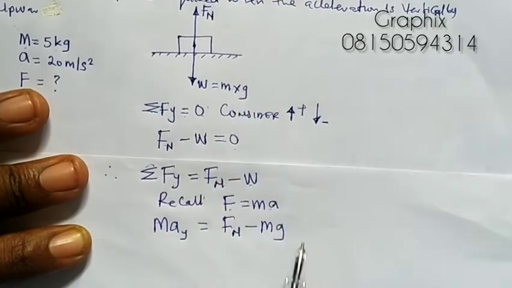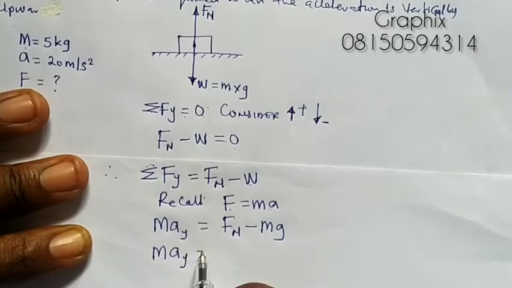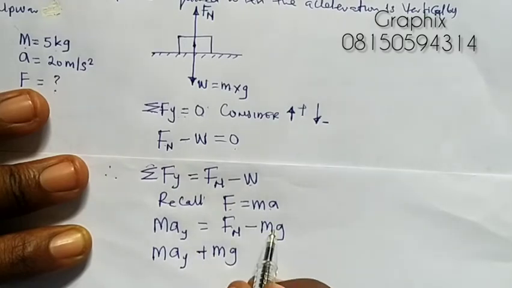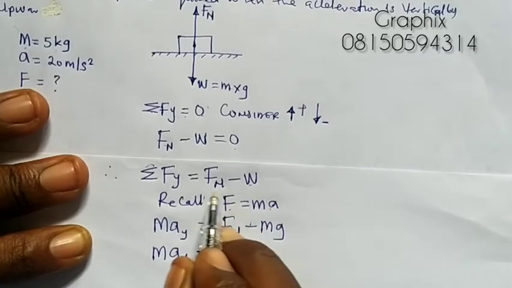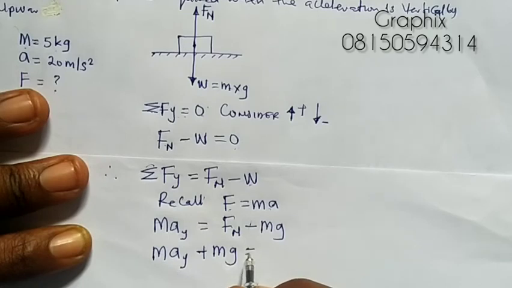Mass times gravity. Now if you collect like terms, my mass times acceleration along y-axis plus my mass times gravity. When I take this mg to the other side of the equal sign, the minus will follow it, and in the process it will turn to a plus. So it's equals to what?